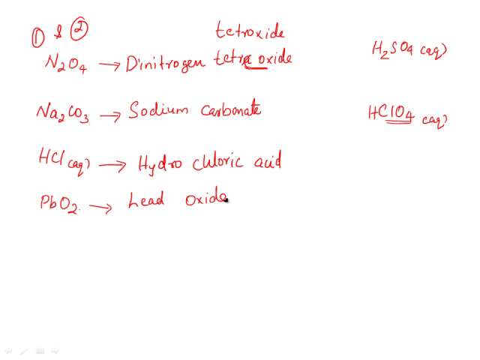How many lead do you have? 1 lead. So that 1 lead should be 4 plus. So what do I write here in parentheses? IV. Okay? Alright, one more for that practice.